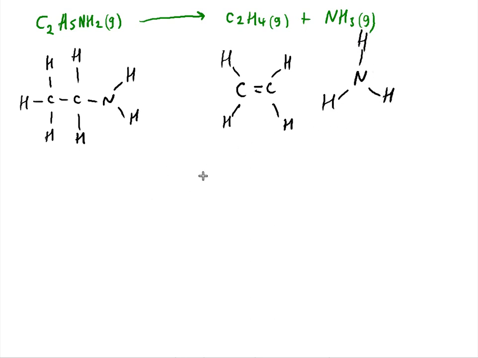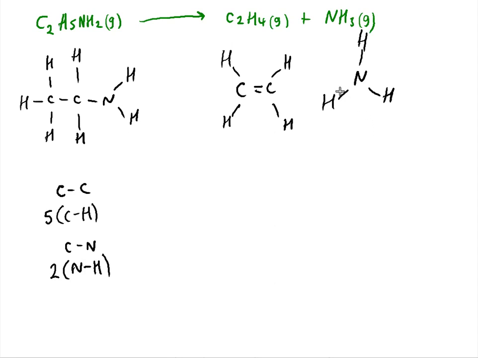Okay, and the next thing we need to do is to list all the bonds that are present. So for the reactants, you can see that we have one carbon-carbon bond. We have 5 carbon-hydrogen bonds. We have one carbon-nitrogen bond, and we have 2 nitrogen-hydrogen bonds.